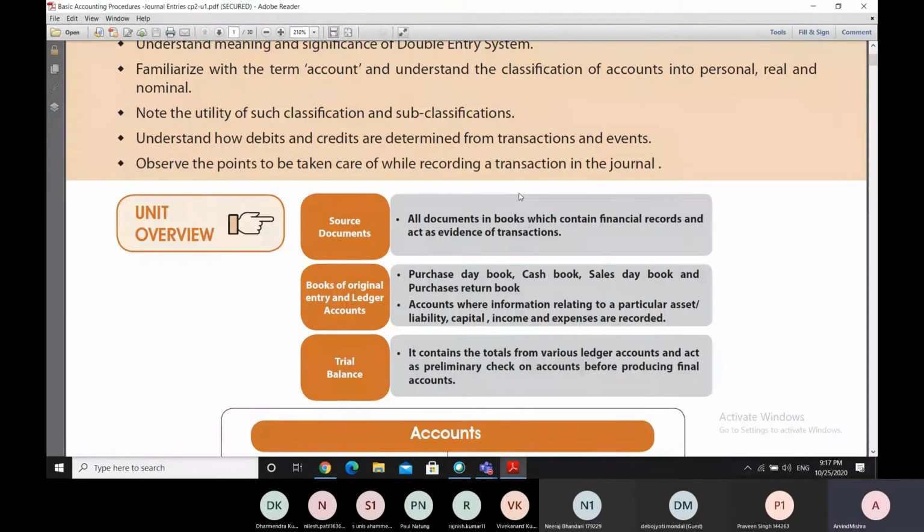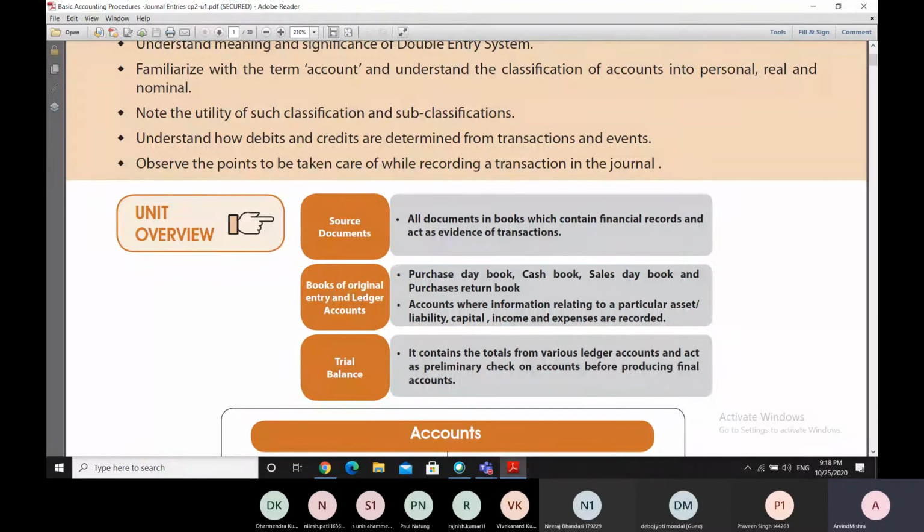Now, from the source documents, which are the evidence of the transactions and contain a financial record, we go ahead and prepare the books of original entry, or rather we use the source documents to prepare books of original entry and ledger accounts.